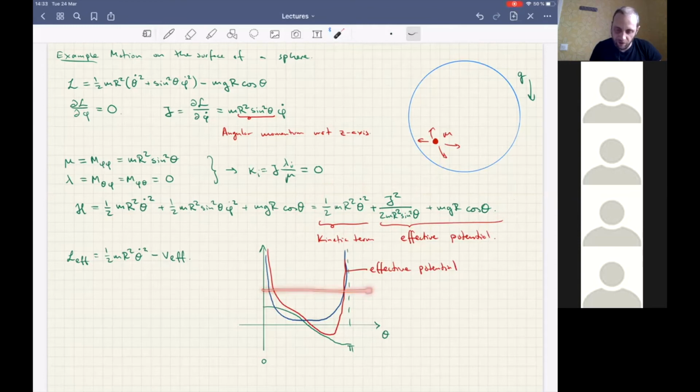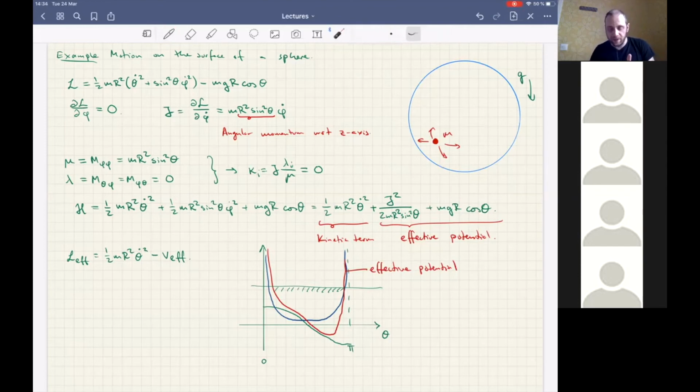So if we have an energy around here, then we're going to be restricted to move within this region, because otherwise we would violate the conservation of energy.